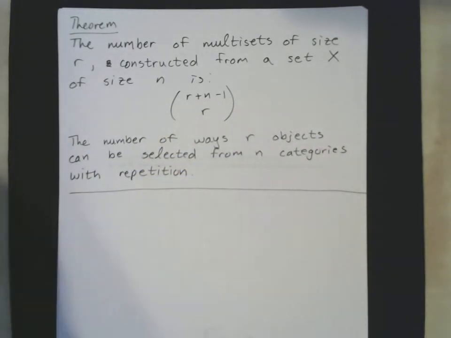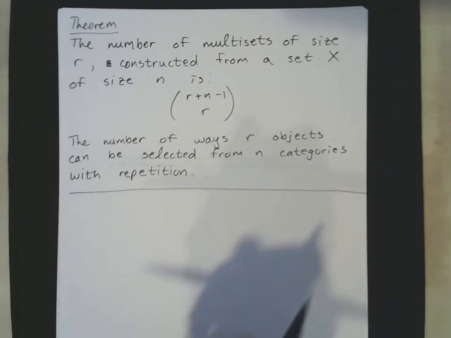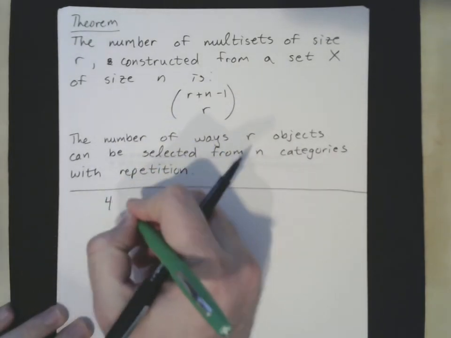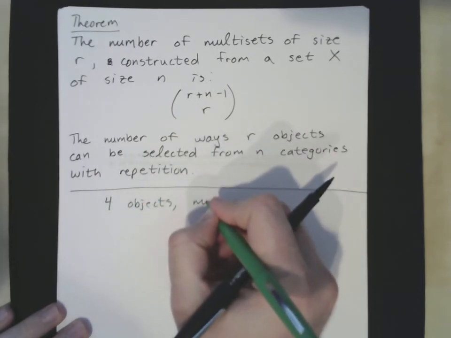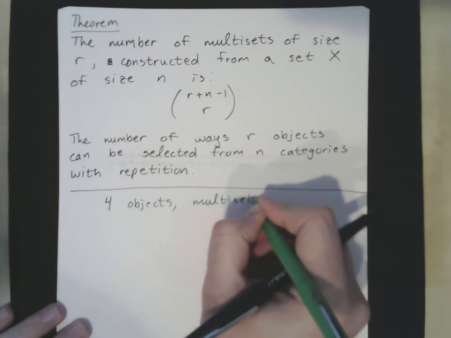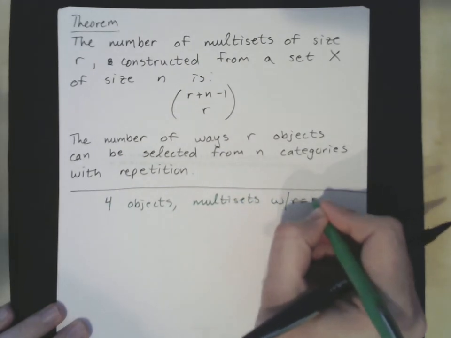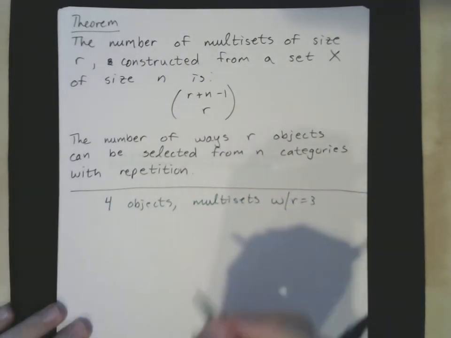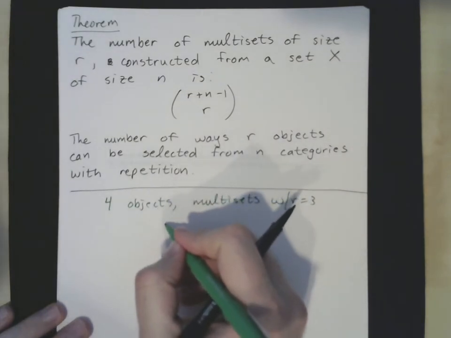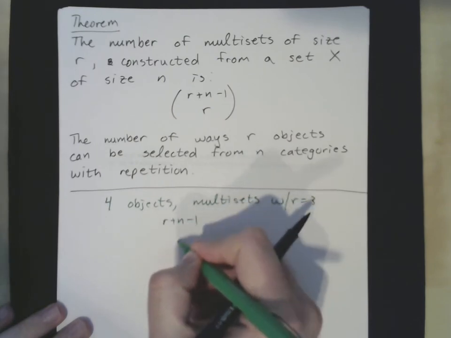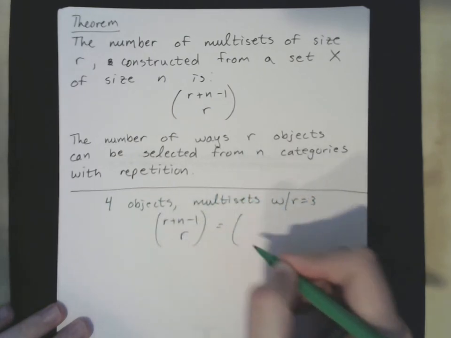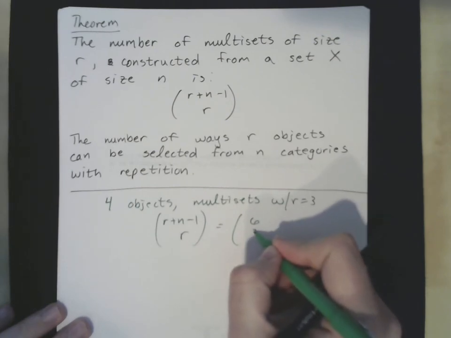So if we look back at that example that we just did, we had 4 items or 4 objects, and we were making multisets of size 3. So R plus N minus 1, choose R, is going to be 6, choose 3.